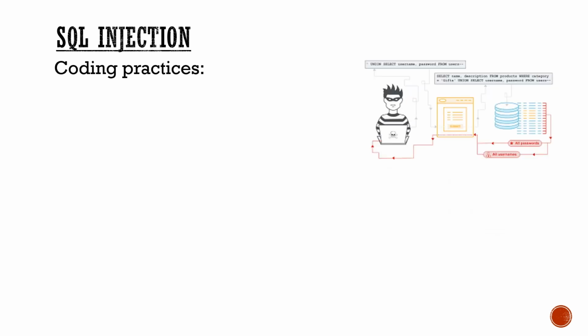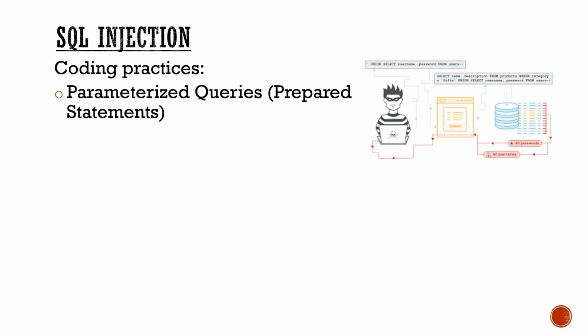To prevent SQL injection vulnerabilities, developers should follow secure coding practices, which include parameterized queries. Instead of directly inserting user input into SQL queries, use parameterized queries or prepared statements, which separate the SQL code from the user input.